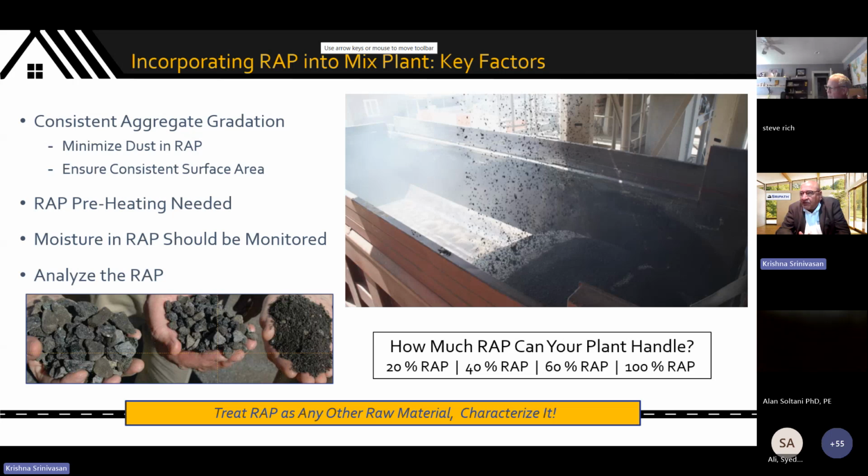And the first point I will say is what I harked back to earlier, which is based on your mix design, you may come up with a certain level of RAP that you thought you wanted to use based on your dry gradation or your binder characteristics or your BMD mix design. You may have come to a certain level that you thought was optimum for you.